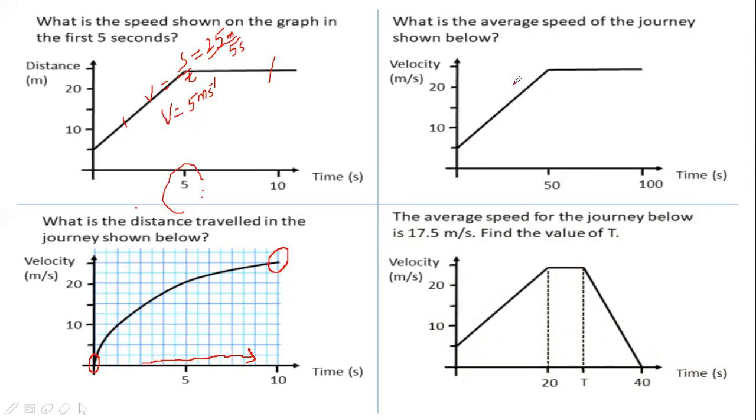In this graph, it is 15 meter per second. Average speed is total distance divided by total time taken.